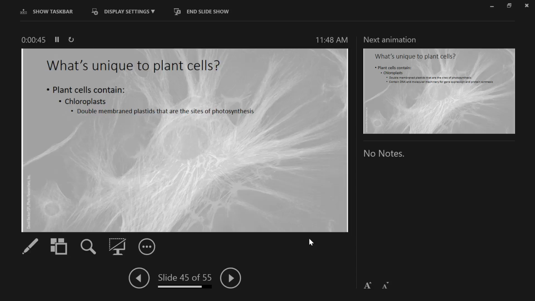Like mitochondria, chloroplasts have a double membrane, implying that they may actually have their origins outside of these organisms that are photosynthetic entirely. But inside of those membranes, you have the machinery for carrying out photosynthesis. Also, like mitochondria, chloroplasts contain their own DNA, and they can replicate separate from the cell.